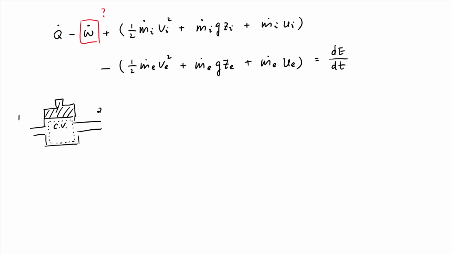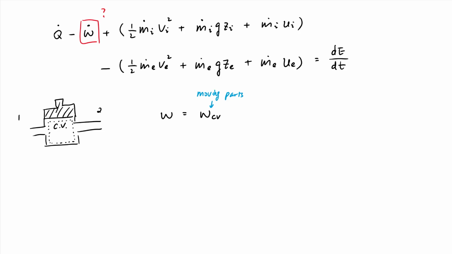Okay, so now what is this W for our whole system? First of all, the piston will still be able to move up or down, which we call W_CV. This term comes from the moving parts. In this case, the piston moves up and down, so it's going to contribute to work.